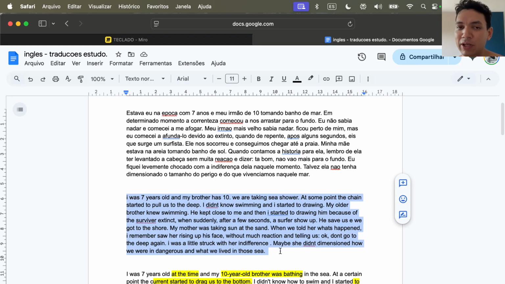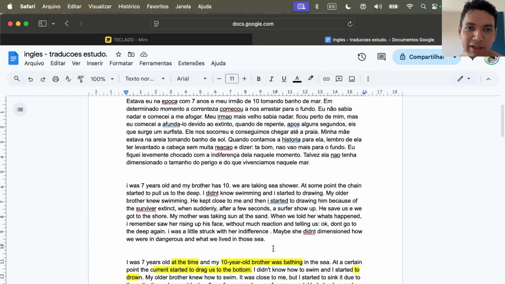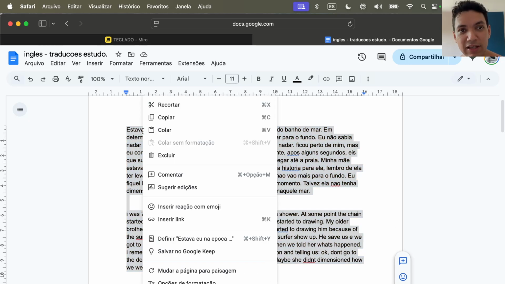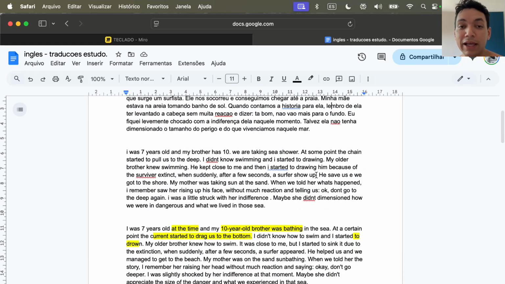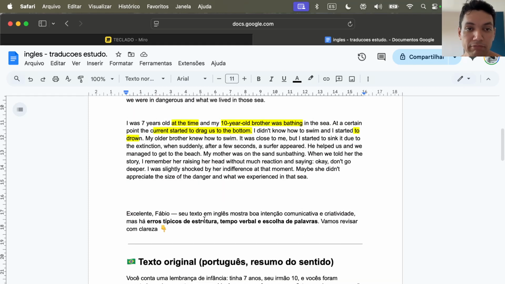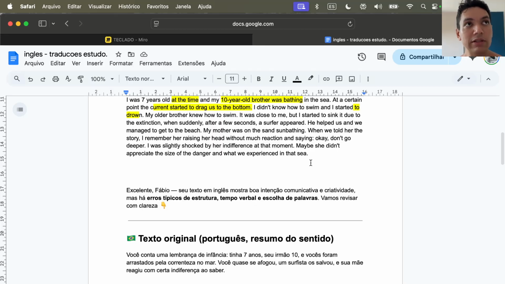So you're going to have some difficulty, it's normal, and then you're going to take these two texts and put them on ChatGPT or another AI, and you type the prompt. Let me see what you can type in the prompt.